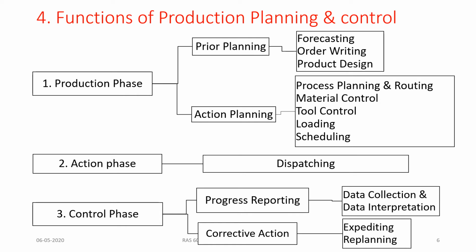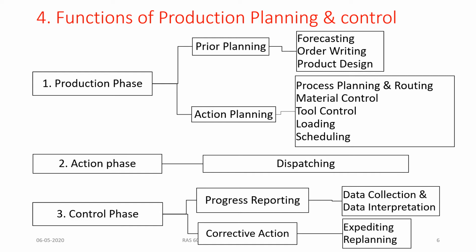There are a number of functions that have to be carried out by the people from the production planning as well as production control cell. Some of these functions are on paper functions, and others are off paper or operational functions.